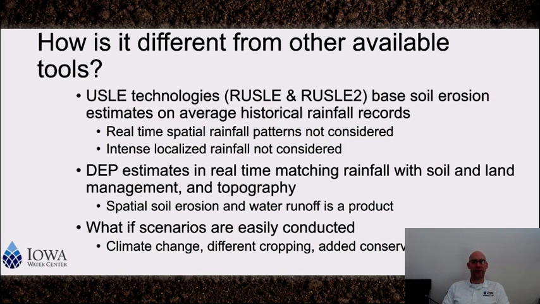If we're having increases in intensity or frequency of precipitation, we can also estimate different cropping practices and added conservation practices across the land, and estimate what happens with the interplay of those changes, or with those changes alone.